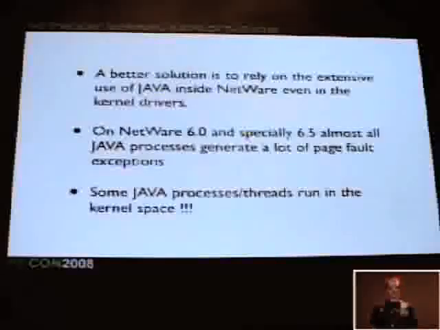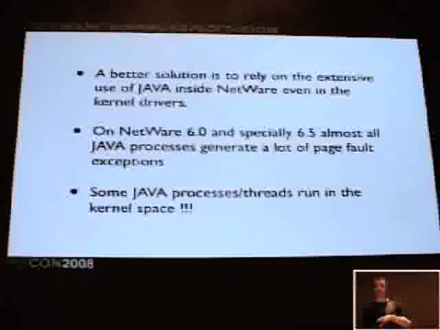So a better solution is actually to rely on the use of Java in, I would say, 50% of the network processes and services. And you can even find kernel drivers that actually use Java. Why Java?